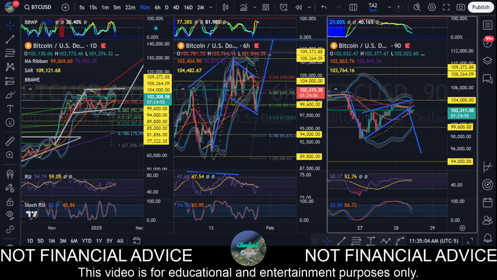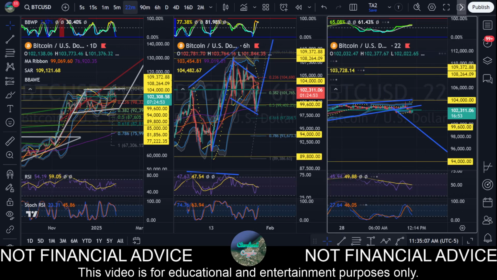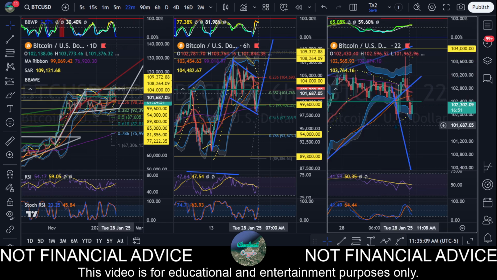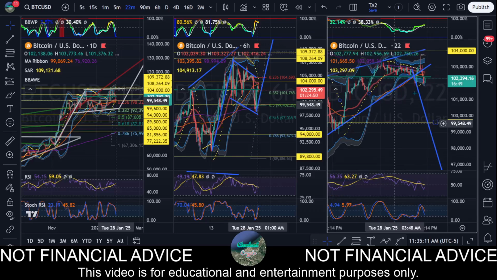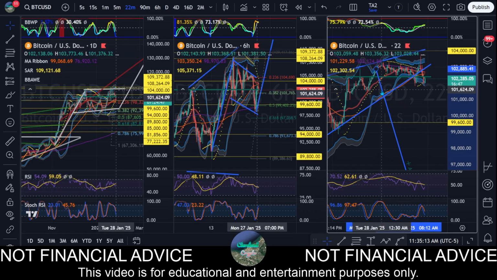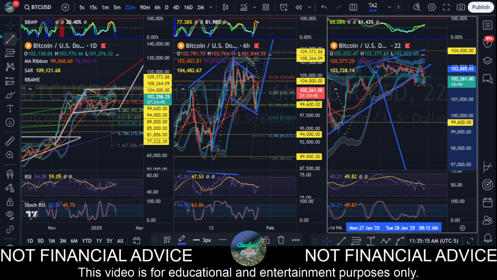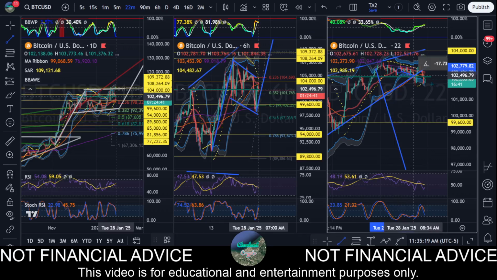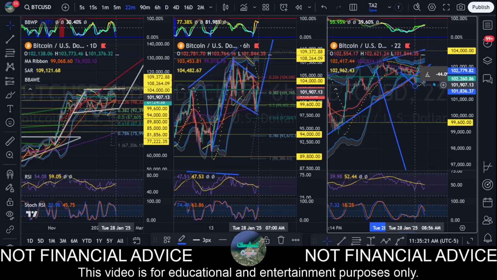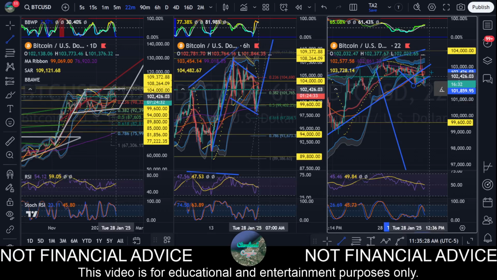Now, what else is telling me some little bearishness is if you look here on the 22-minute chart, you'll see what is called a diamond pattern. See, the diamond came in, diamond comes out. I kind of fell out of the pattern already.